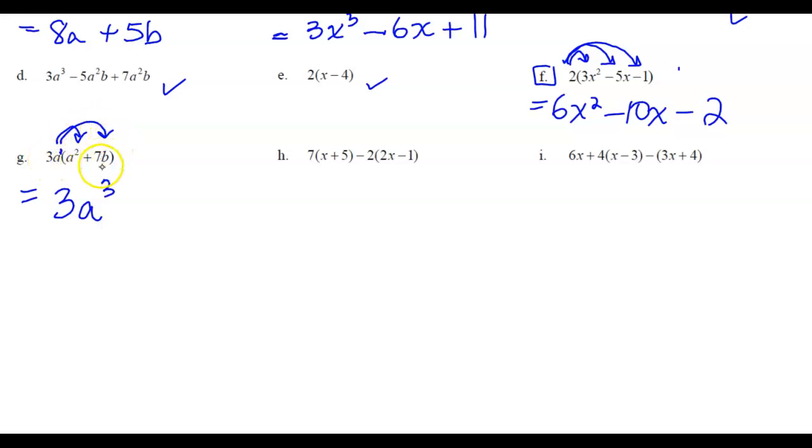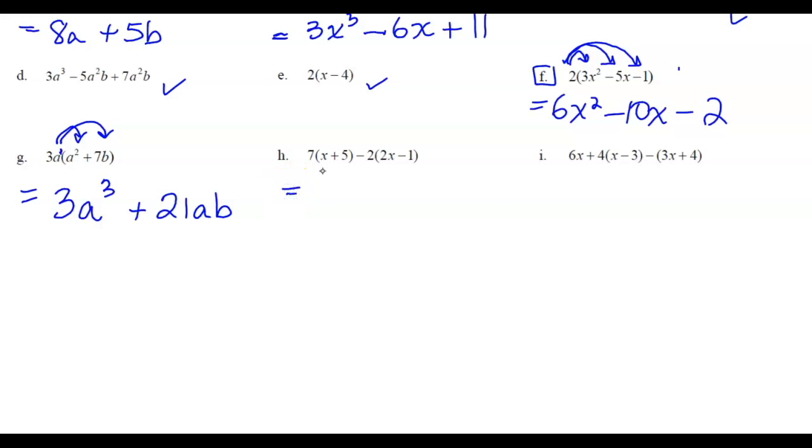And then multiplying 3a times 7b is plus 21ab. So you have to treat everything inside the brackets the same. You multiply it by that number out front, or variable out front. It doesn't really matter, but we usually put alphabetical order.